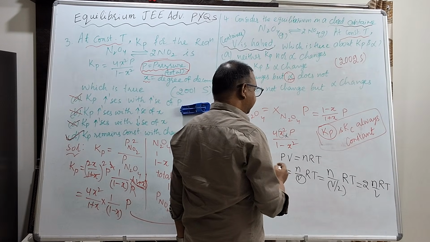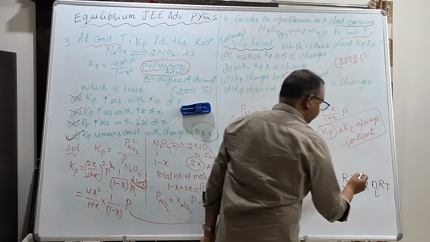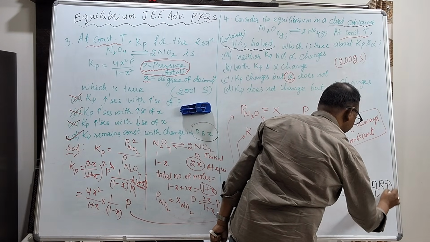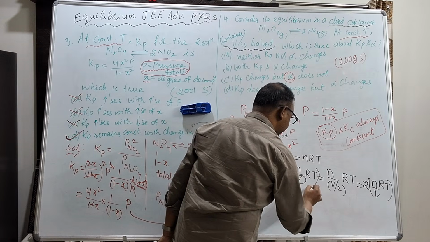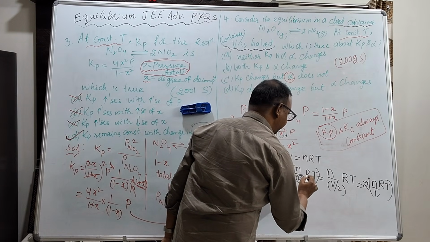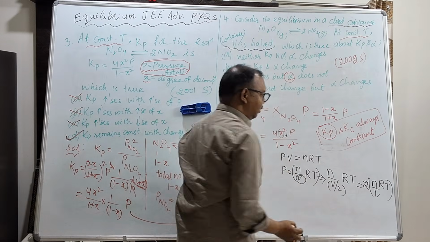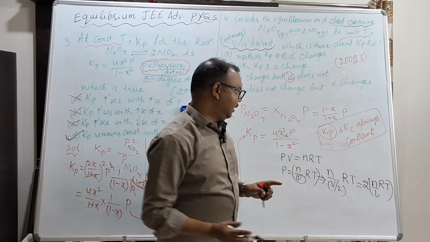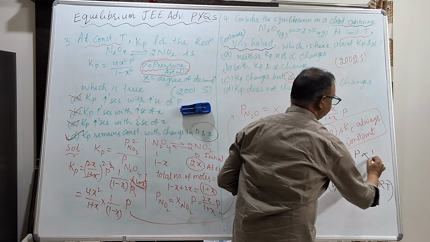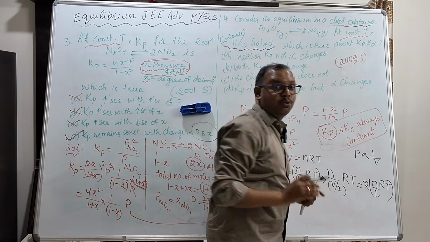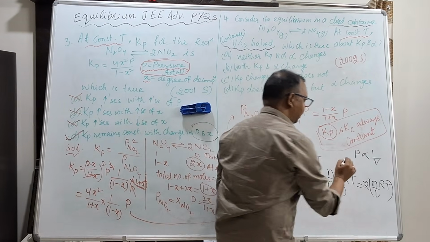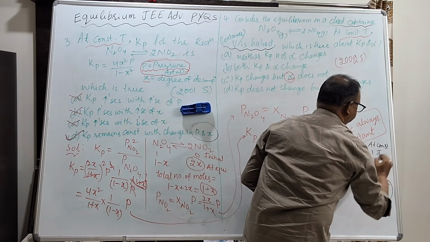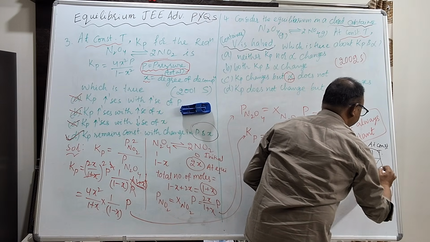Here, what actually happened: if the volume is halved, then the pressure increased by how many times? Actually it should be n by V into RT, but when the volume is halved, the pressure becomes doubled, because P is inversely proportional to V at constant temperature according to Boyle's law.